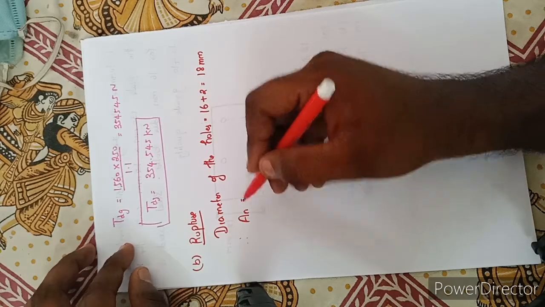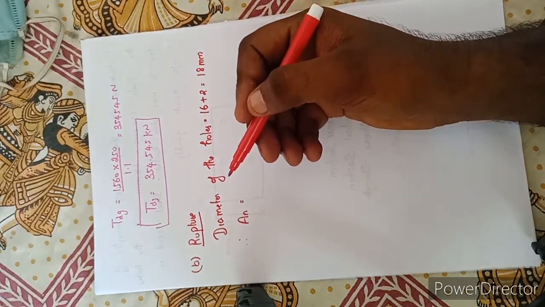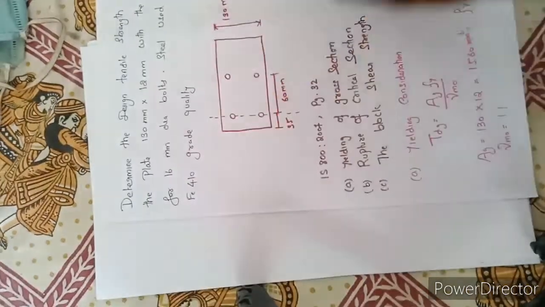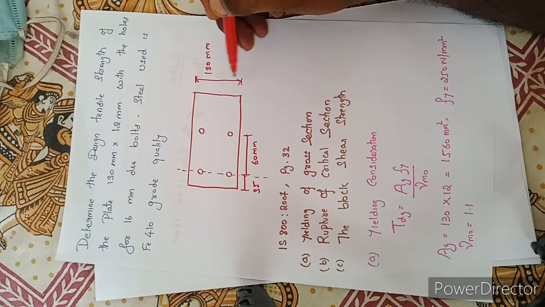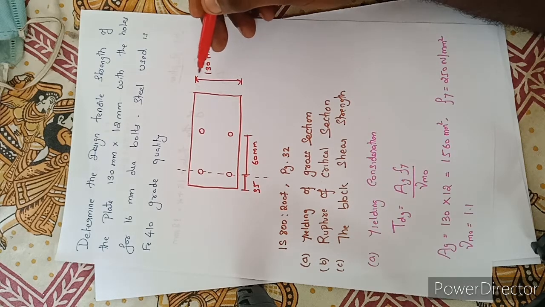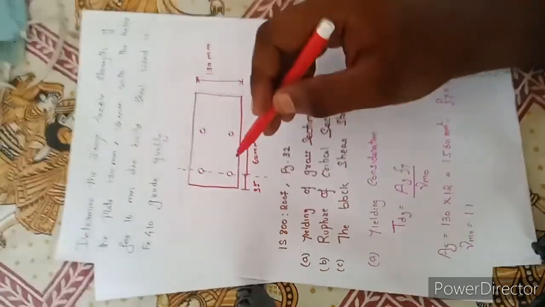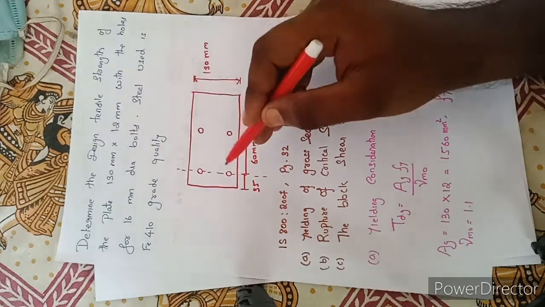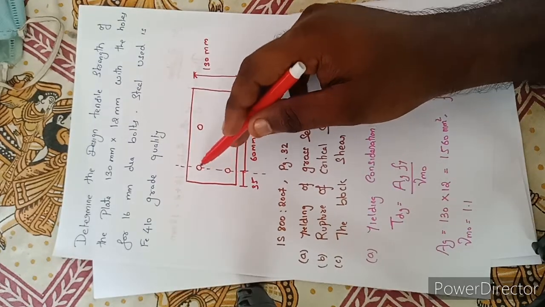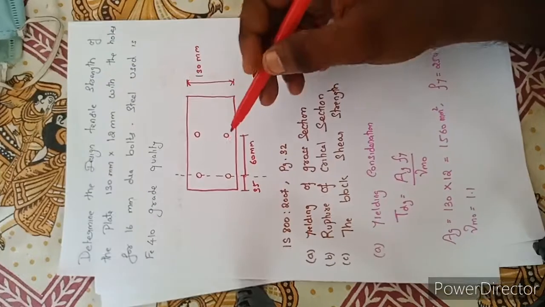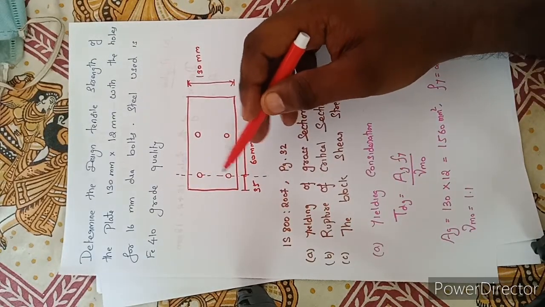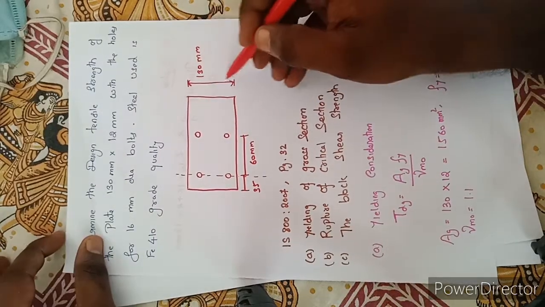Now, An, what is An? An is the net area of the plate. What is net area? Here you have a breadth value of 130 mm, from which you have to subtract the diameter of the holes. Here I have two holes of 18 mm, so I subtract them from 130 mm.